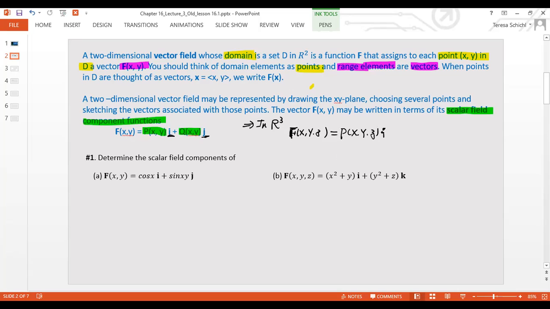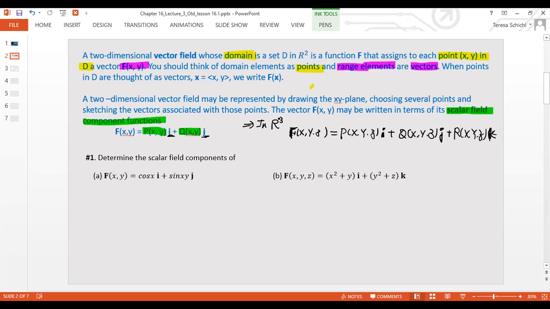For the i component, you have P(x, y, z), a function of x, y, z. For the j component, you have a function Q(x, y, z). And for the k component, you have a function R(x, y, z).